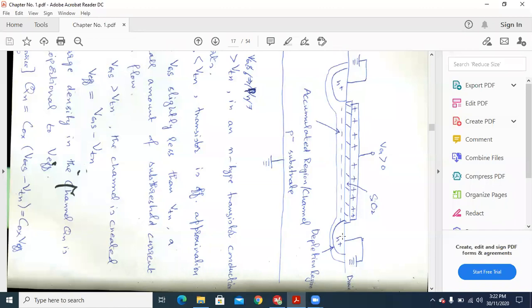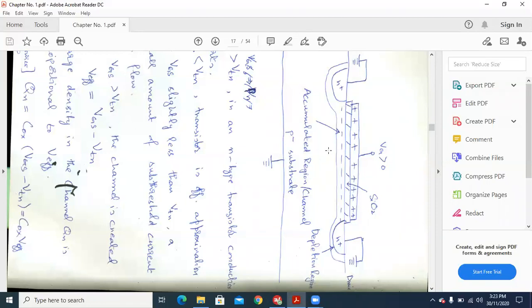And if we further increase the gate voltage, so that the concentration of holes in the substrate will be equal to the concentration of negative charge carriers in the channel.